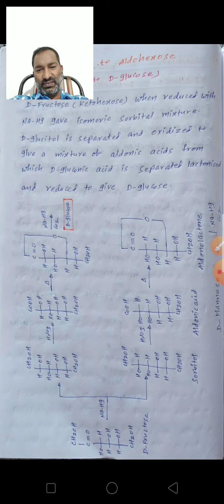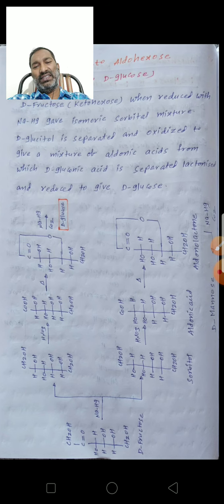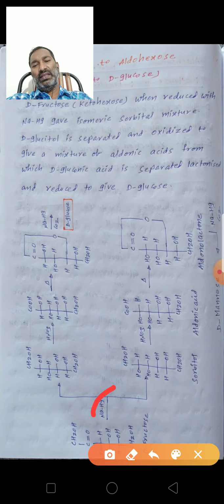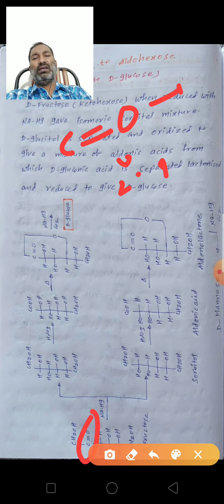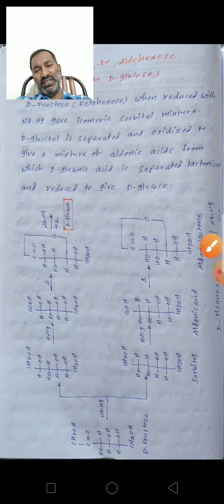See the reaction, take D-fructose as a ketohexose. When this D-fructose is reduced with sodium amalgam, NaHg, the keto group converts to a secondary alcohol group on reduction. So it gives two isomeric sorbitol mixtures.